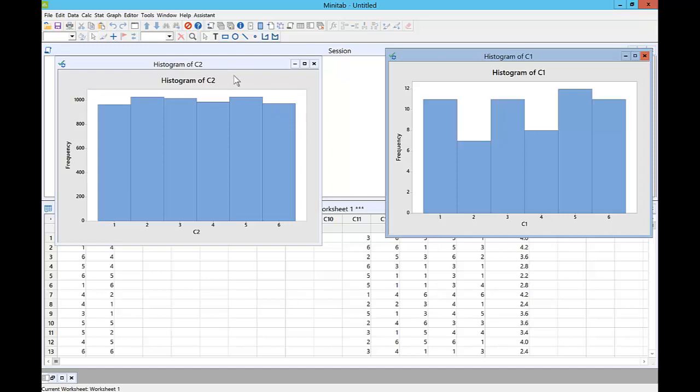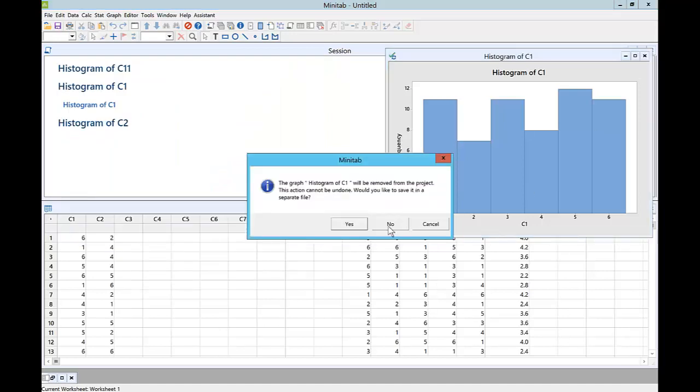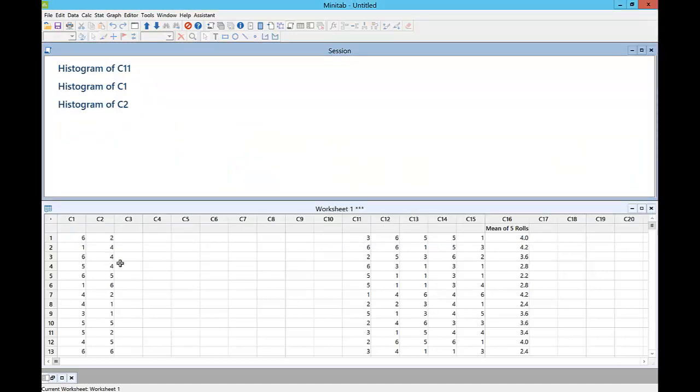So the central limit theorem is something that we can look at now because we've taken samples from a uniform distribution, and in fact let's do that again.